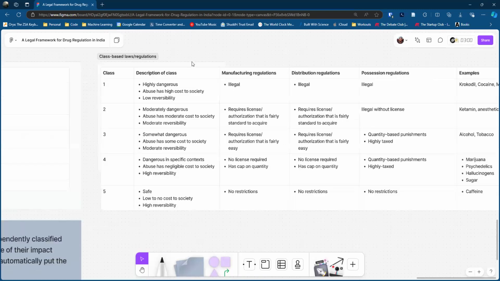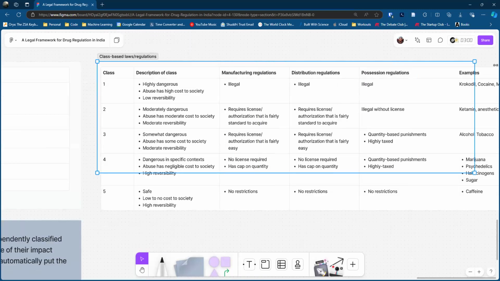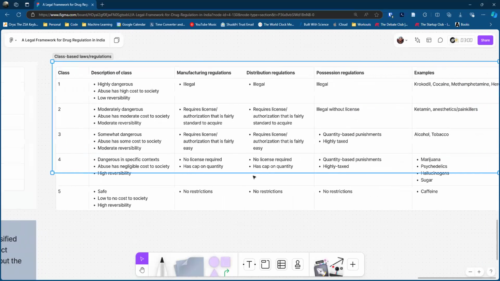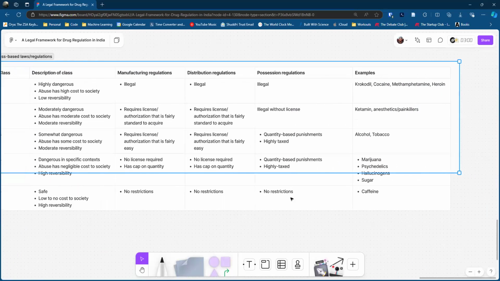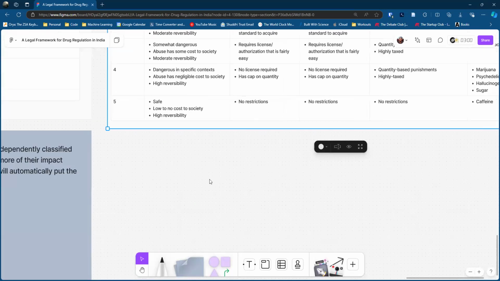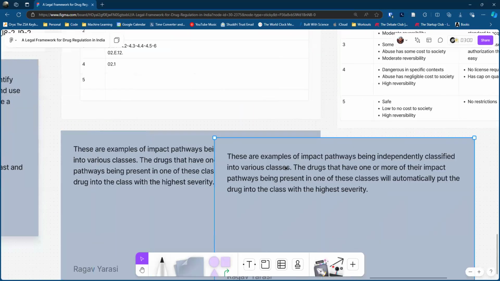And class based. So we can just say examples of.